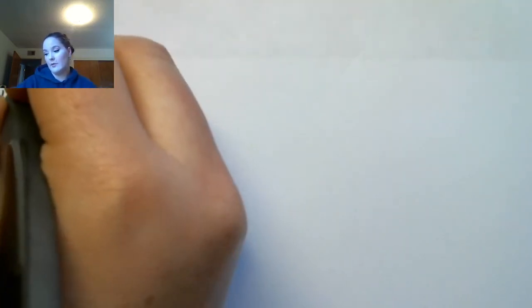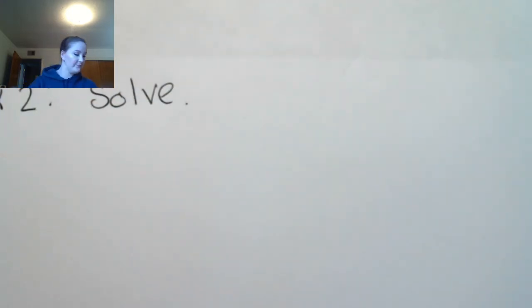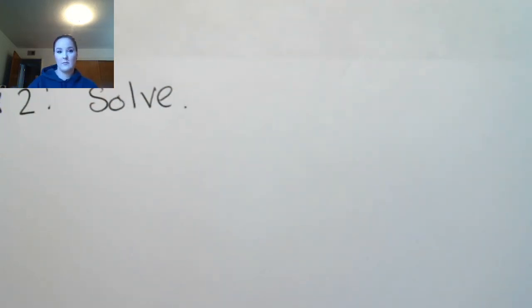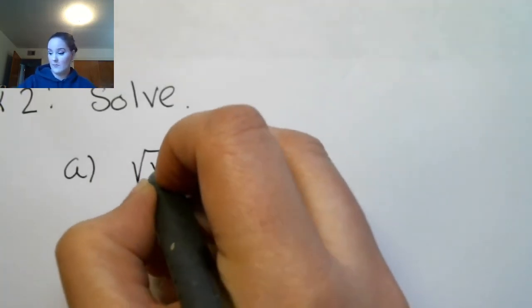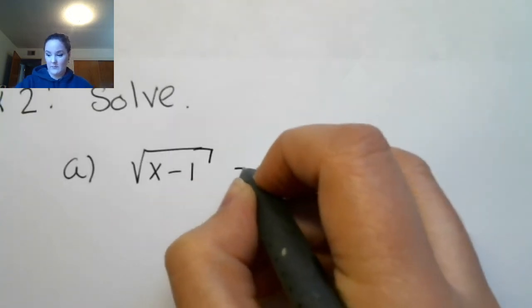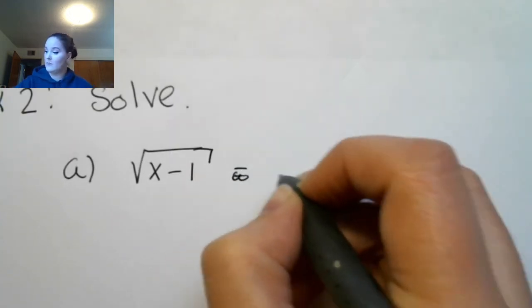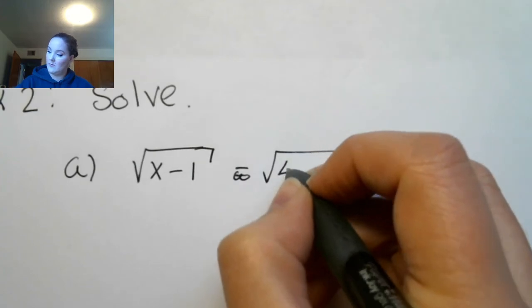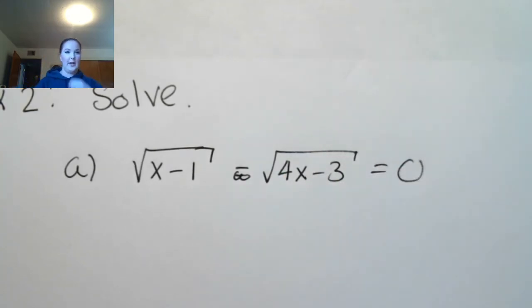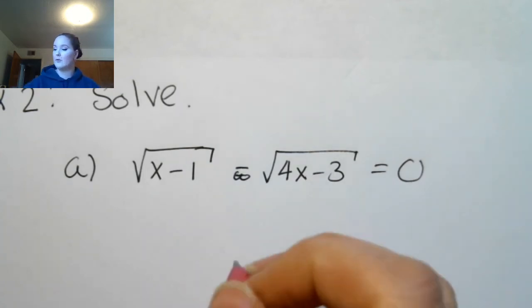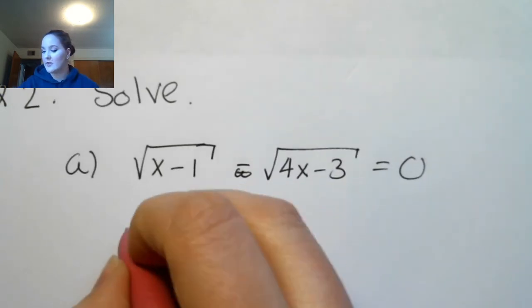All right, let's do another example. The first thing we want to do here is isolate one of the two radicals. So I'm going to add this one to the other side.